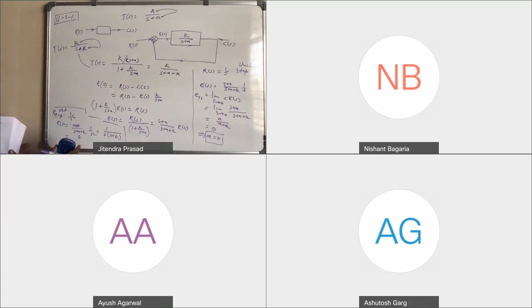And then steady state error in the ramp case, e_ss equal to limit s tends to 0, and you have s times E(s) is equal to s multiplied by 1 over s. So what you get is limit s tends to 0, 1 over (s plus K) is equal to 1 over K. Yeah, so 1 over K is nothing but the time constant, basically equal to time constant.